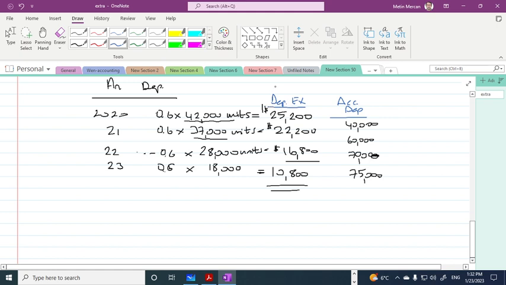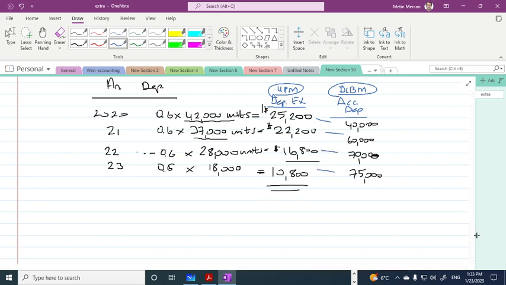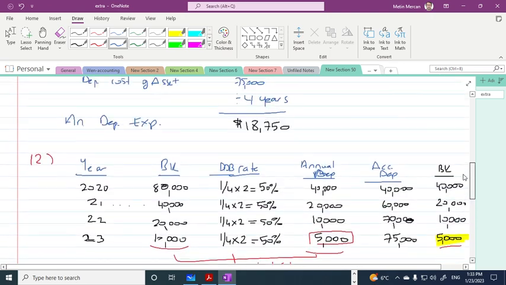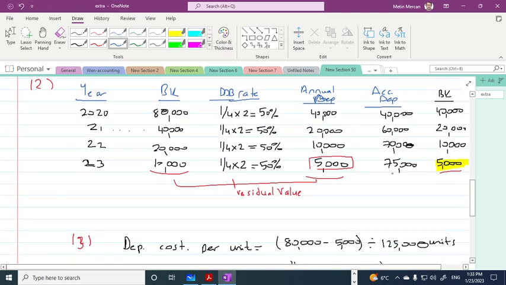This is unit of production method. This is double declining balance method, and we have different results, right? Sorry, I need to get this one, not that one.